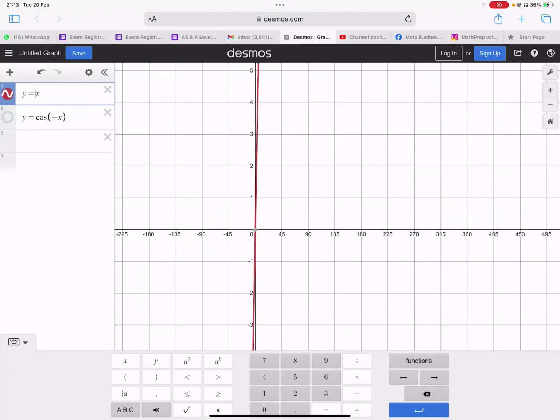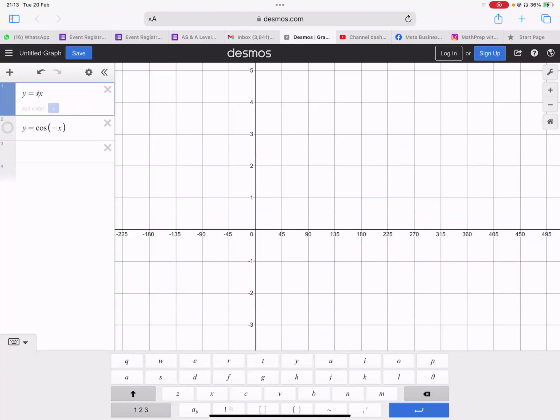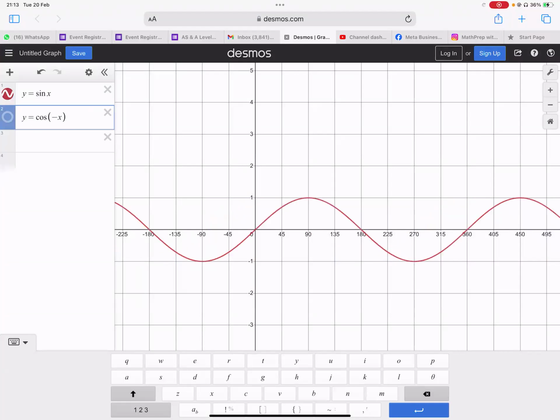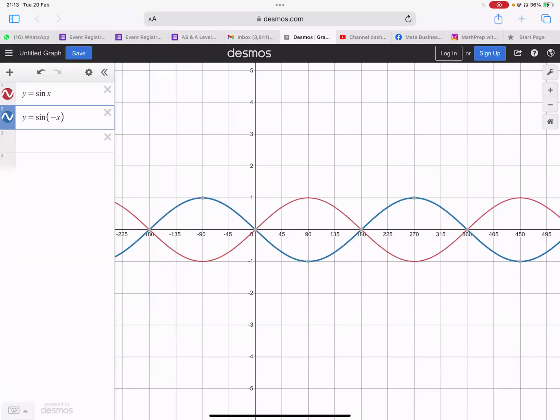We can't actually show this clearly for any of the trigonometric graphs. If you were to do it for sine, you could think that yes, it is a reflection in the y-axis, but the same thing also looks like a reflection in the x-axis. But since it's minus x, what's actually happening is it's reflecting in the y-axis.